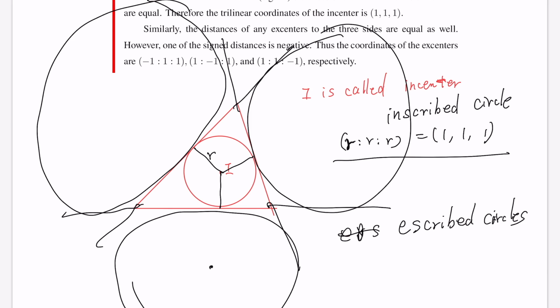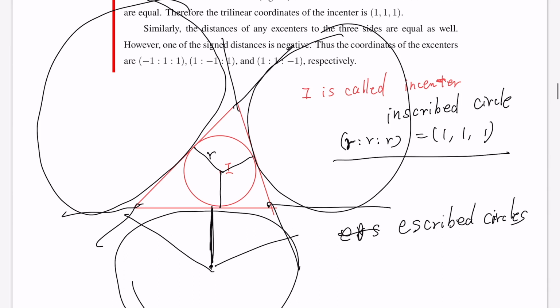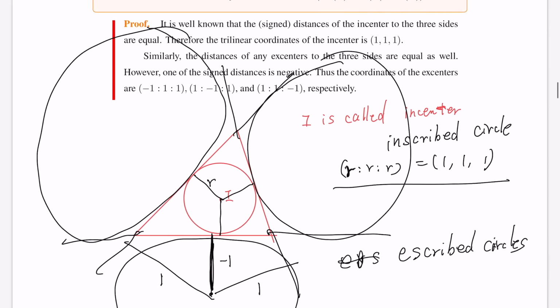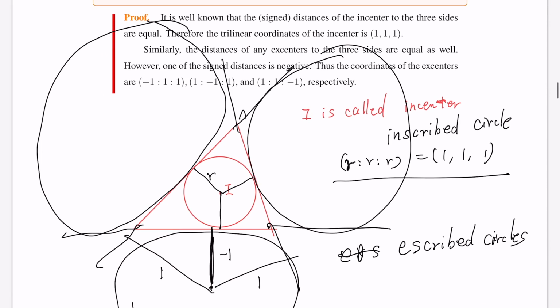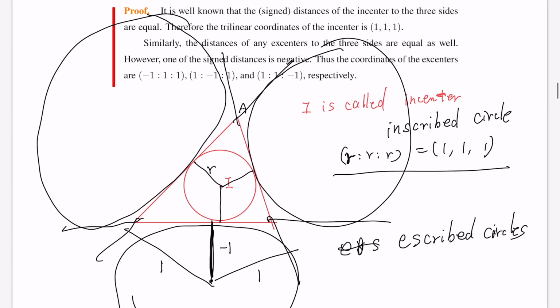So let's take this for example. The distance to all three sides is again the same. But if you count the signed distance, as we mentioned before, the distance here should be negative and the other two would be positive. So the excenter corresponding to the angle A would be -1 to +1 to +1.